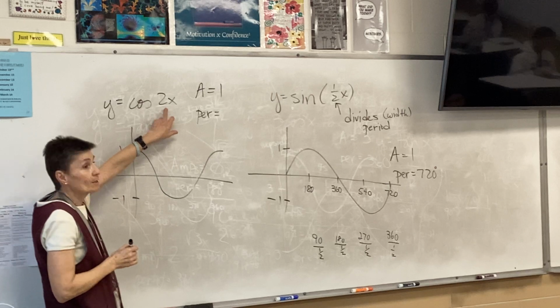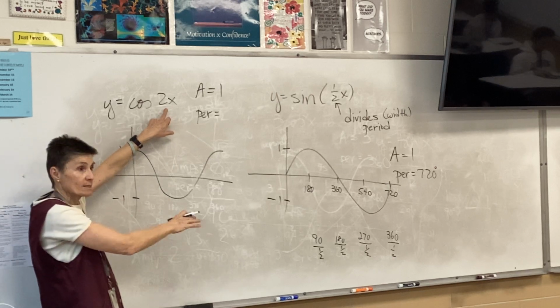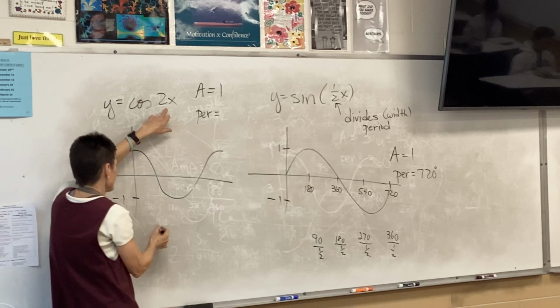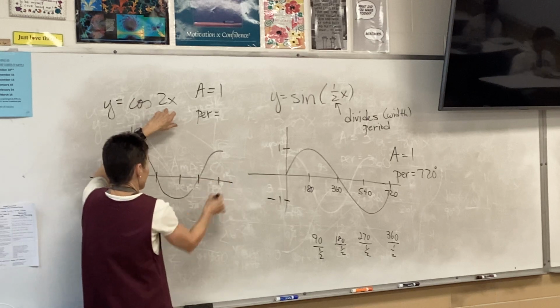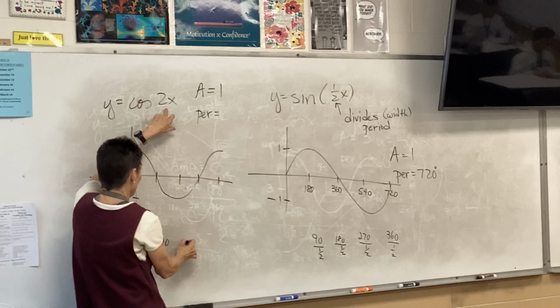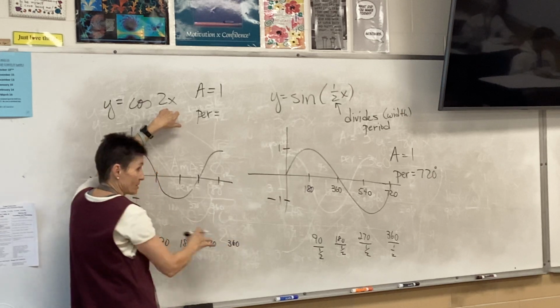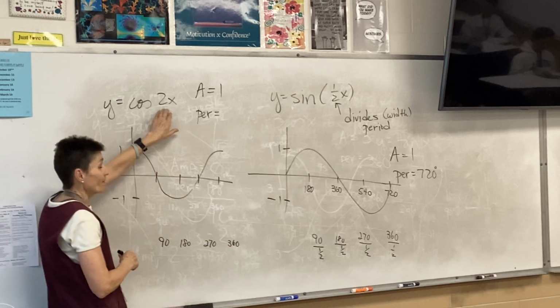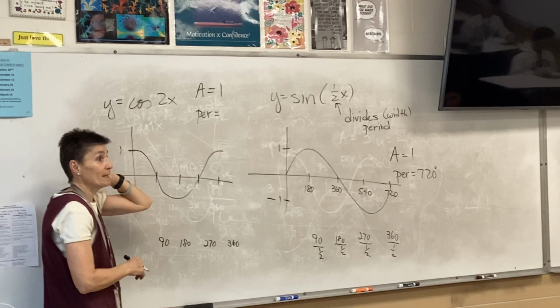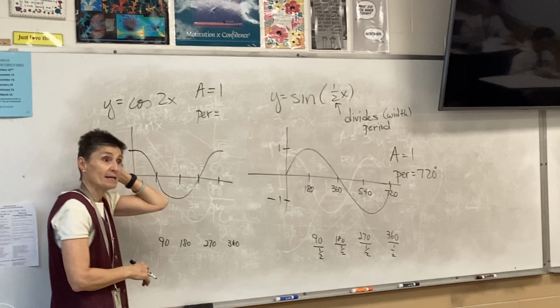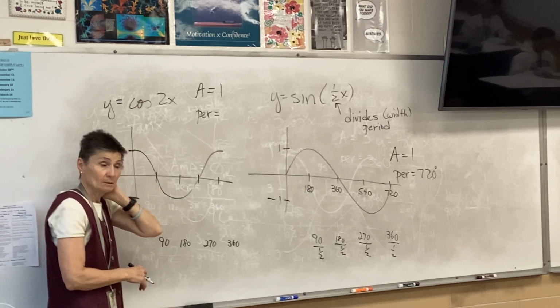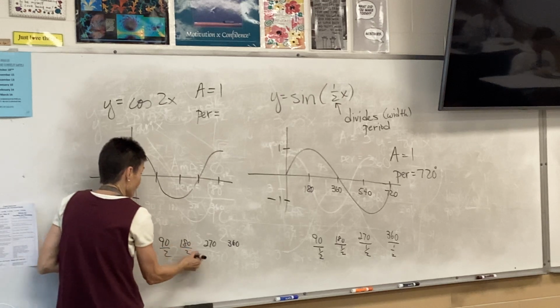Putting a number here, I know will change my horizontal labels. They're supposed to be 90, 180, 270, and 360. That's what they're supposed to be. But what have I done? I put in a number that divides by 2. So I'm going to divide everything by 2.